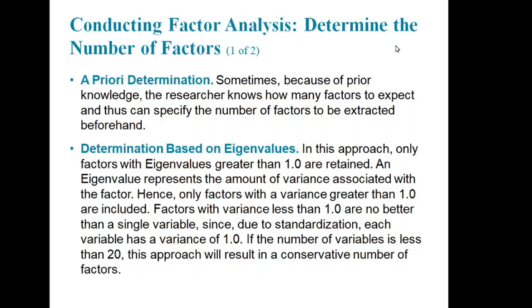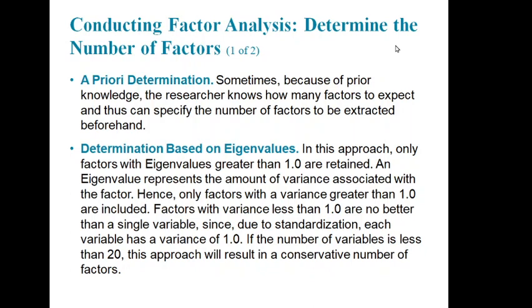Then you can use the a priori determination method, wherein you specify the number of factors. So in the SPSS console, you just give the number of factors as 5 or 4 according to the problem, right? Then it will say that, okay, there are 5 or 4 factors in the data set.